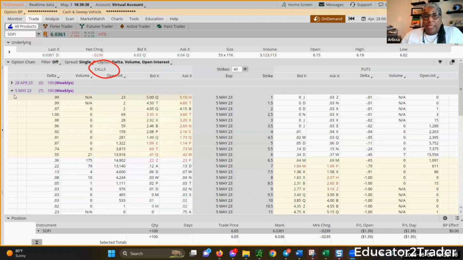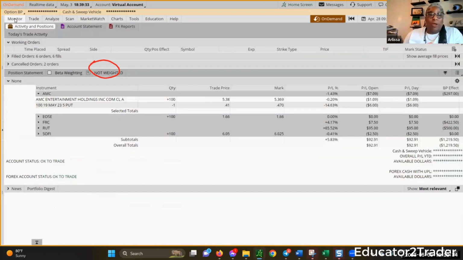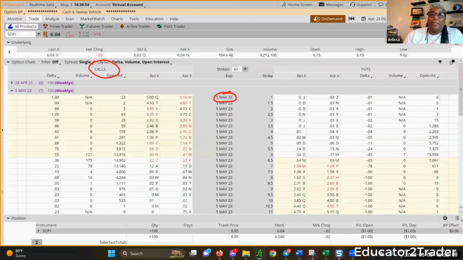So now let's look at what kind of premiums we would get. You've got to look here to see how much we paid for our AMC shares. Okay, under trade price, it tells you we paid $5.38 for our shares. So when you're doing a covered call, you want to sell a covered call above what you paid.